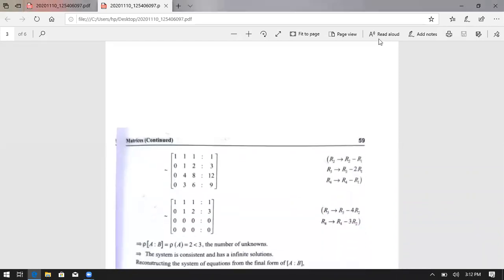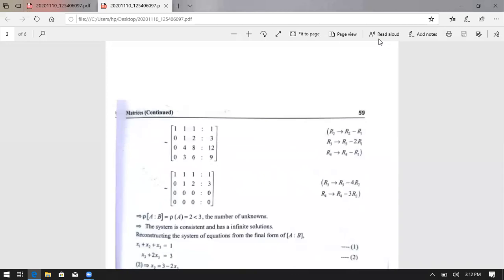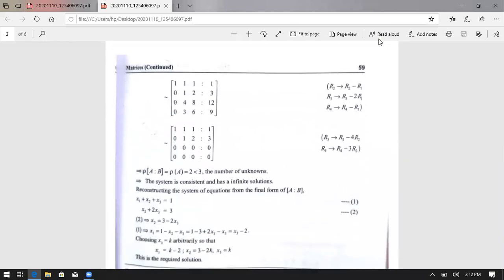Finally I write here 0, then 3, 6, then 9. R4 minus R1 means you come here, that is 3, 6, and 9.